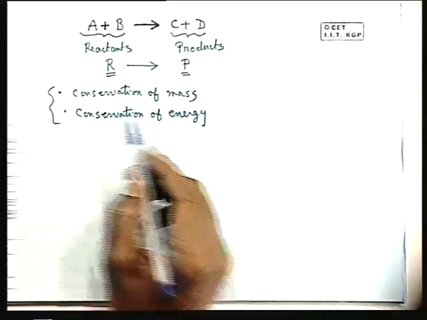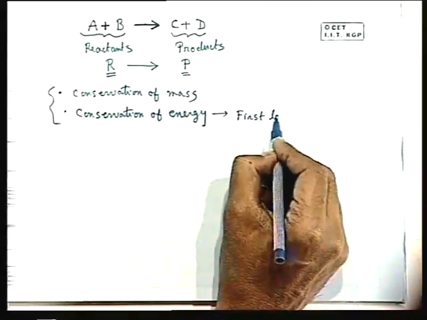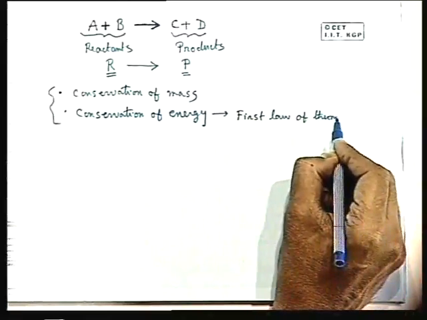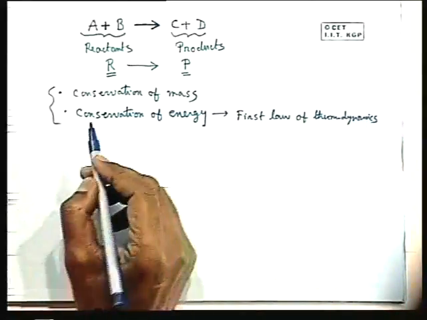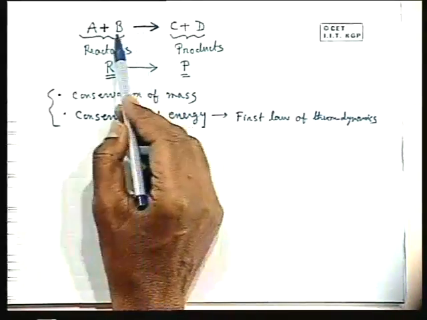Now, conservation of energy, as we know, is the first law. First of all, I tell you the scope of the first law of thermodynamics, which will deal with the conservation of energy. The second law of thermodynamics will be applied to find out the direction in which the reaction will take place.